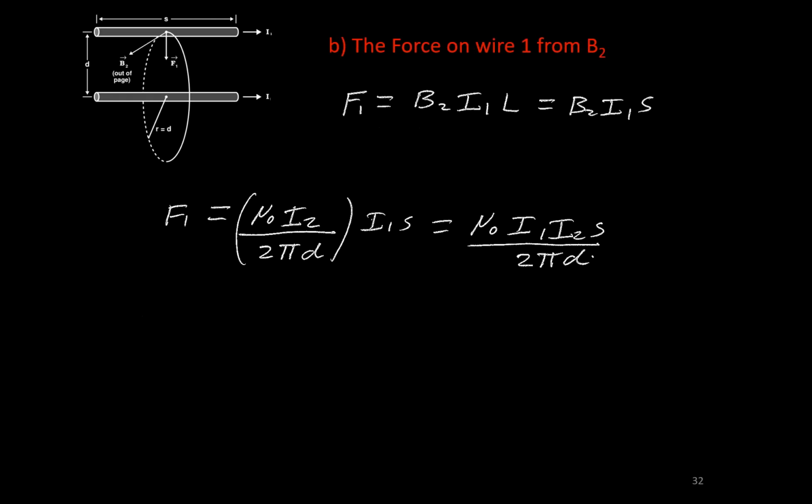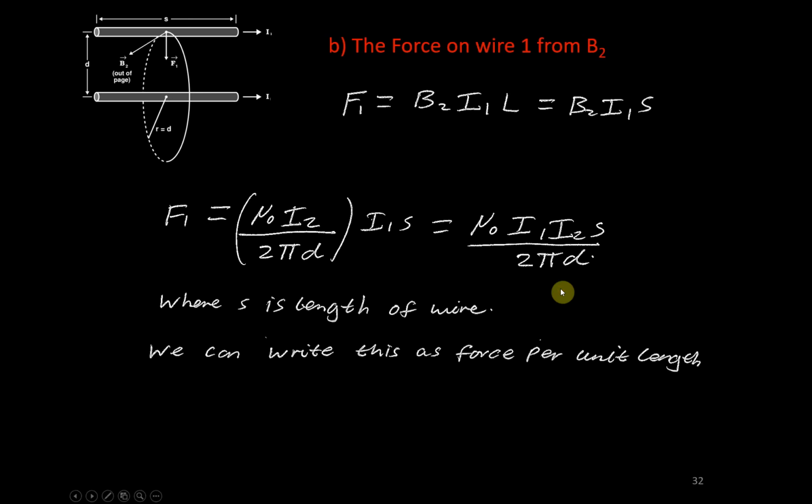Now, if we say this, as we did in the previous case, F1 now is mu 0 I2 over 2 pi d times I1S. This will result in this particular formula: mu 0 I1 I2 S over 2 pi d, where S is the length of the wire.